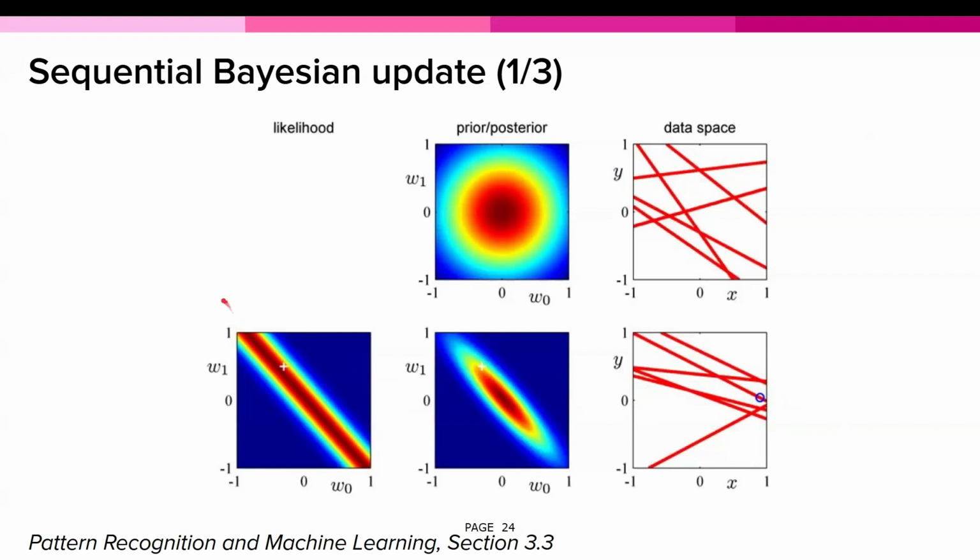This is reflected by our likelihood here, having a regime of high probability. Again, the true parameter values that we're trying to recover are minus 0.3 and 0.5. Luckily, the regime encompasses the true parameter values.